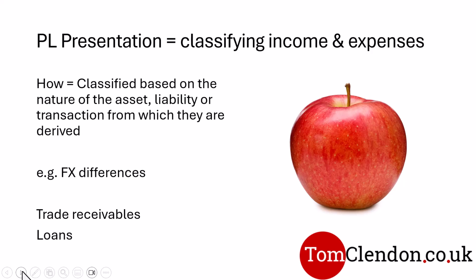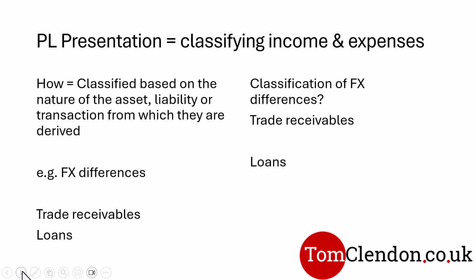And they're not all going to be classified in the same 5, in the same umbrella, in the same bucket. Trade receivables, if you've got a foreign exchange difference because you've sold goods overseas, and you've got a monetary debtor, you've got a monetary item, that'll be retranslated at the closing rate. There will be an exchange difference if you've got an overseas debtor.